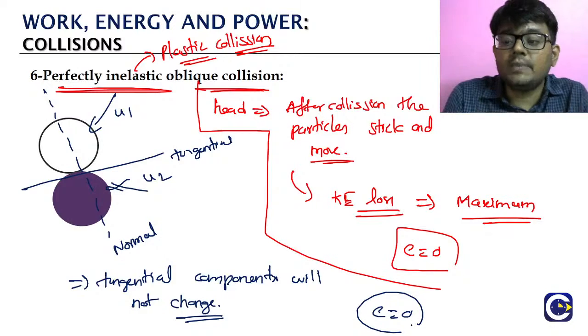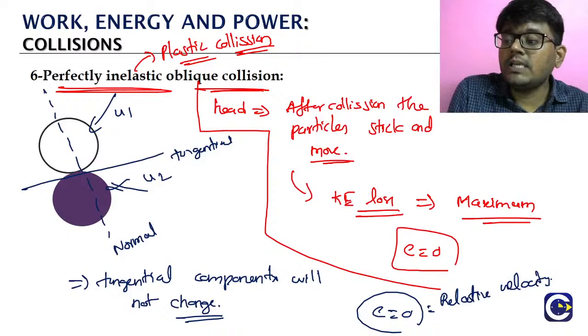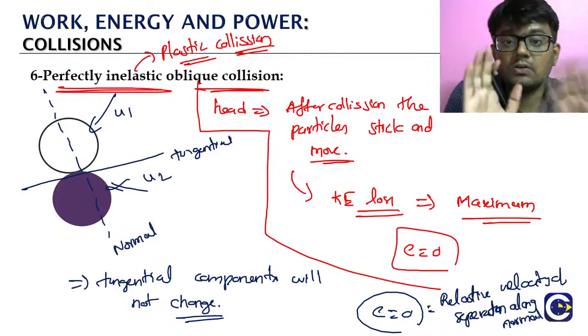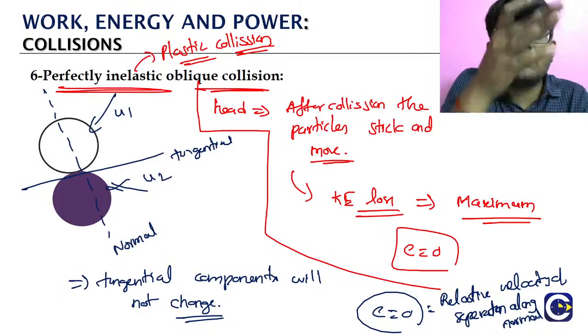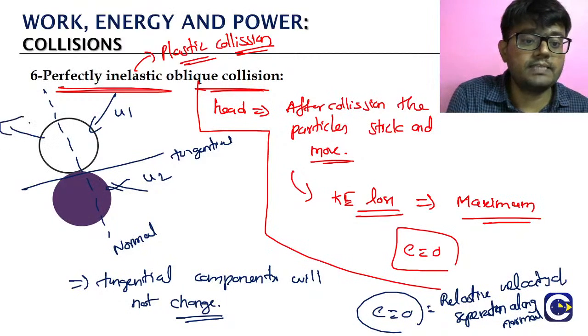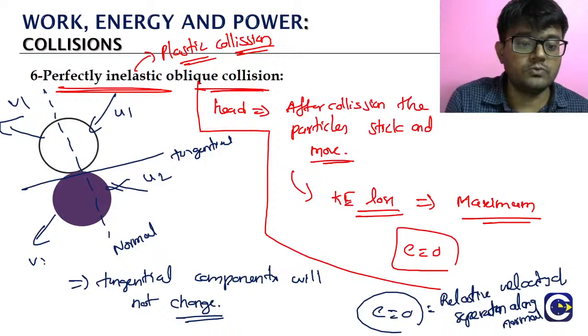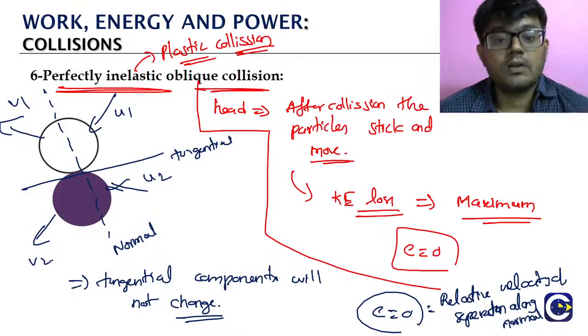So E is 0 means the relative velocity of separation along the normal, total relative velocity of separation கிடையாது, வெறும் along the normal direction மட்டும். If you take the component பாருங்க, so collision க்கு அப்புறம் let's say இதோட velocity v1 வெச்சுக்கோங்க, இதோட velocity v2, we have to take v1 ஓட component along the normal, அந்த மாதிரி v2 component along the normal.